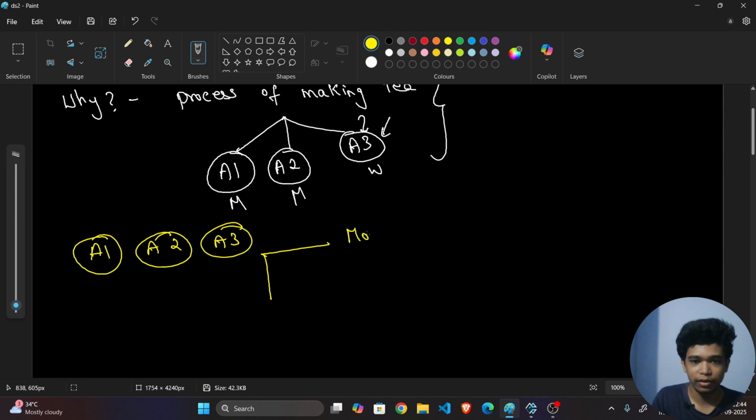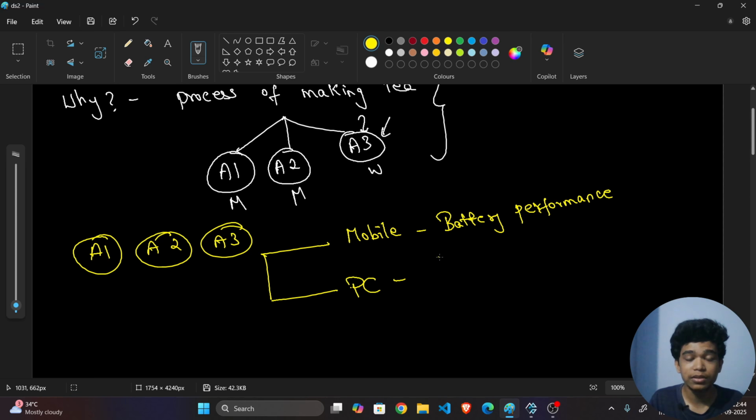For example, if it is for mobile, then I will prefer battery performance. Can you understand this? If it is for our personal computers, then I will prefer time complexity and space complexity.